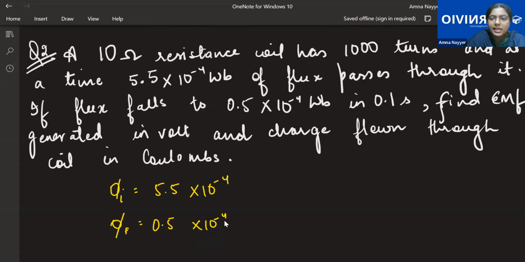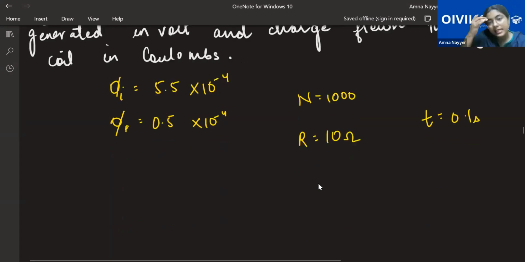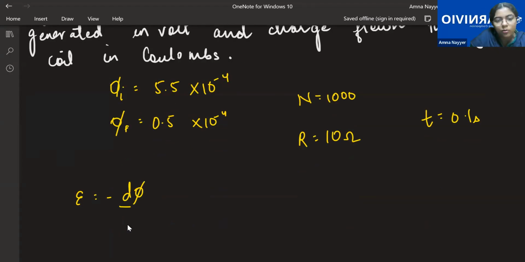Now, the number of turns is also given. N is given as 1,000. And the resistance is given as 10 ohm. It says you have to find the EMF generated in volt and the charge flowing through the coil in coulombs. See, EMF, we know, will be minus dφ over dt.